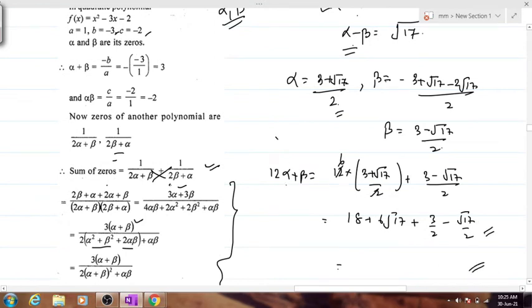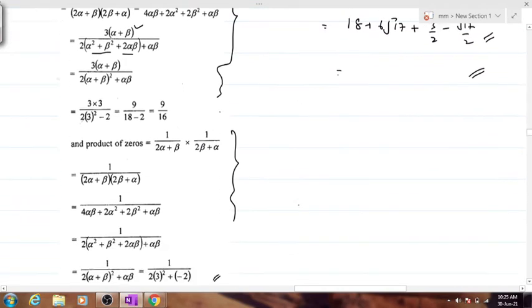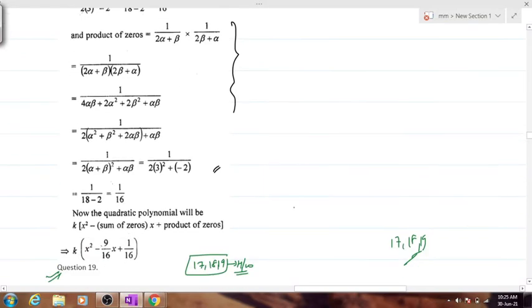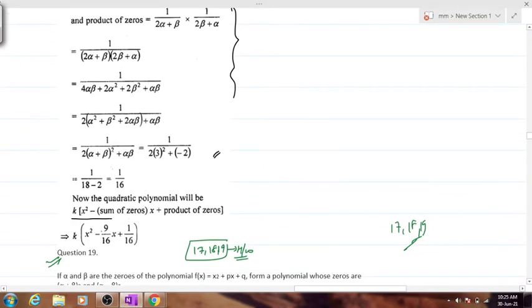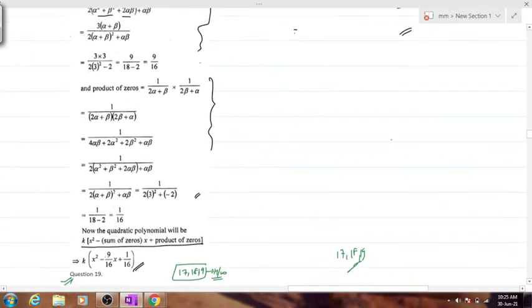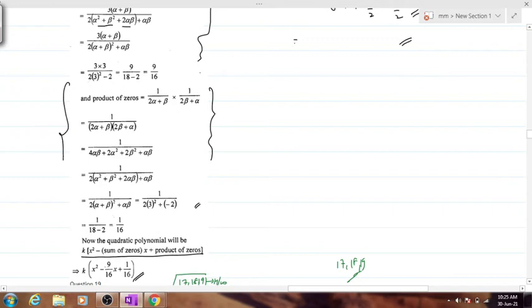Next root will be alpha plus 2 beta, 12 beta. You will get one more root. Once you get that alpha and beta, you substitute it in this equation, you will get the root as this. Clear? Or if you don't want to do it this way, you can try out this way. But this way, if you do it for the first time, you will never be sure that you will get the answer.